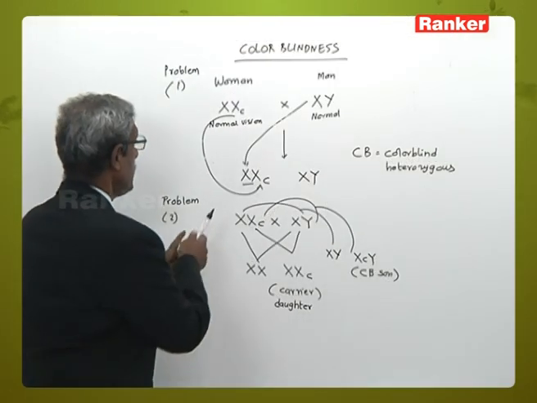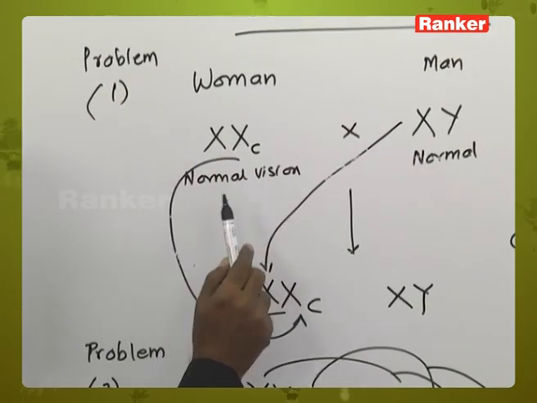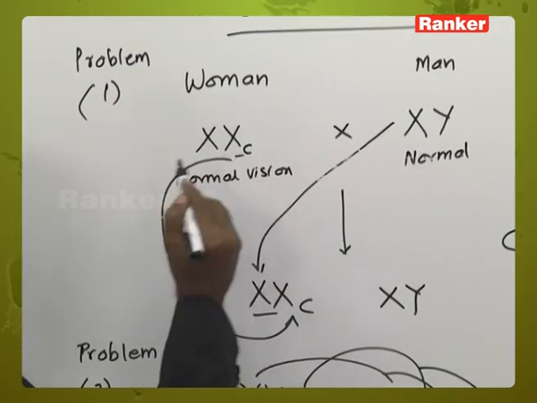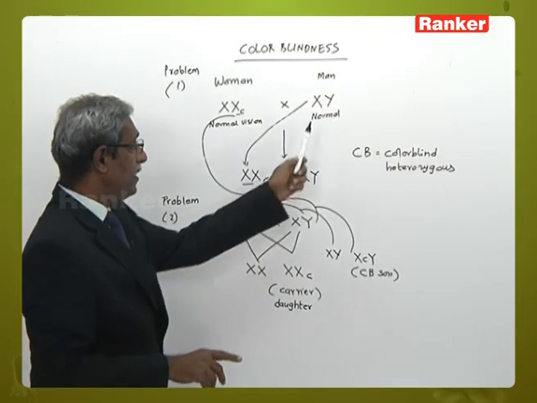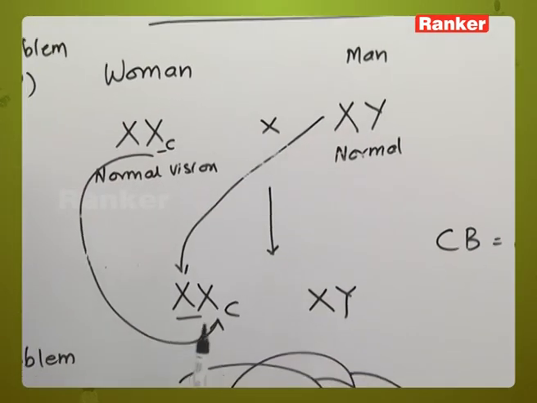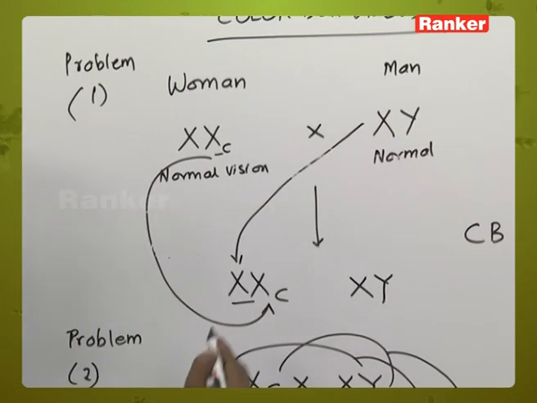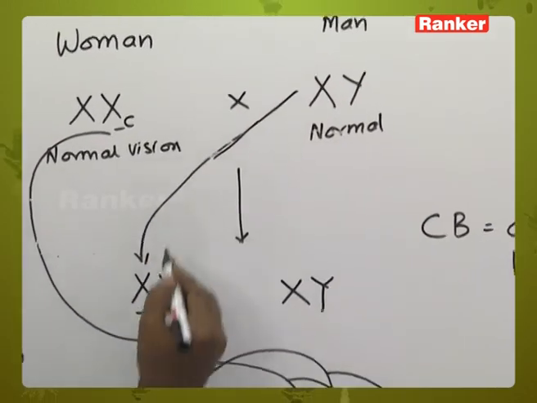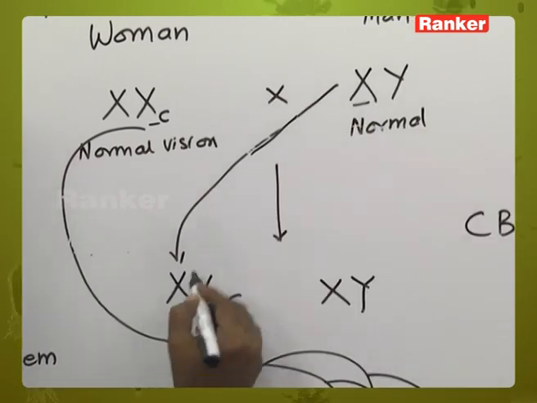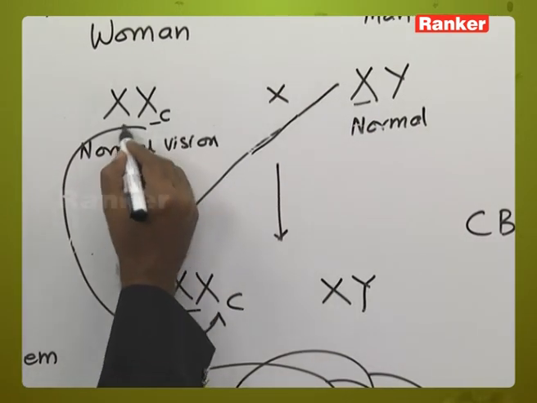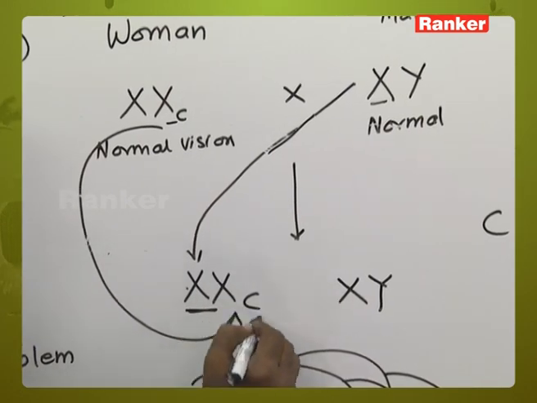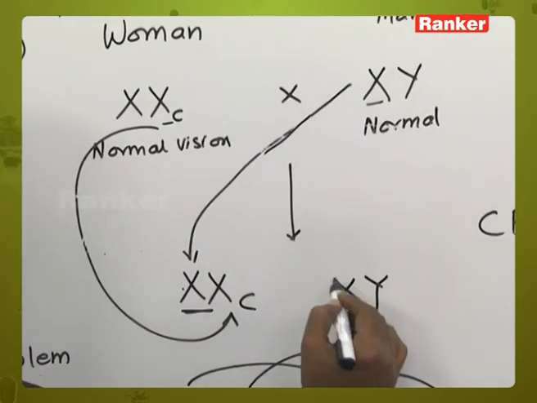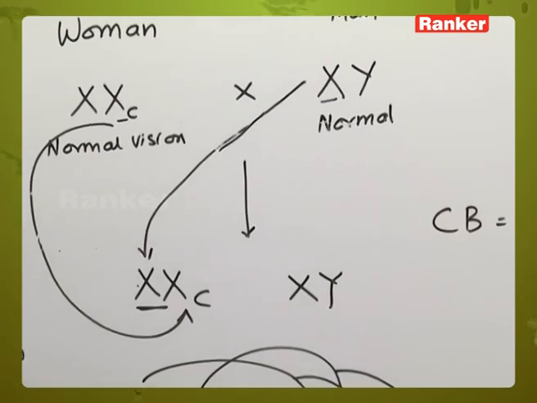Now what happens when a woman who has normal vision but is a carrier of the color blind gene marries a normal male? The normal male is designated as X and Y. In a subsequent crossing, we have the X chromosome from the male coming over here, and we have the color blind gene XC coming over here, and XXC comes on one side, and then we have XY on the other side.